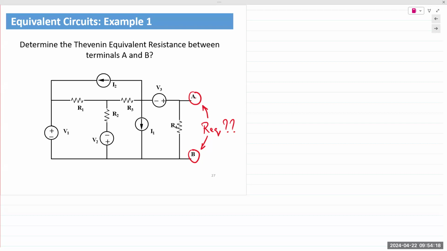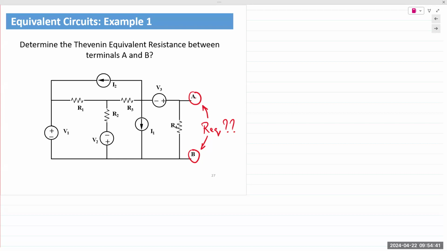I'll wait for you all to finish, and then I will draw out the answer here. What are voltage sources replaced with? Right, voltage sources with a short circuit, current sources with an open circuit. So go ahead and draw out the diagram while implementing those changes.